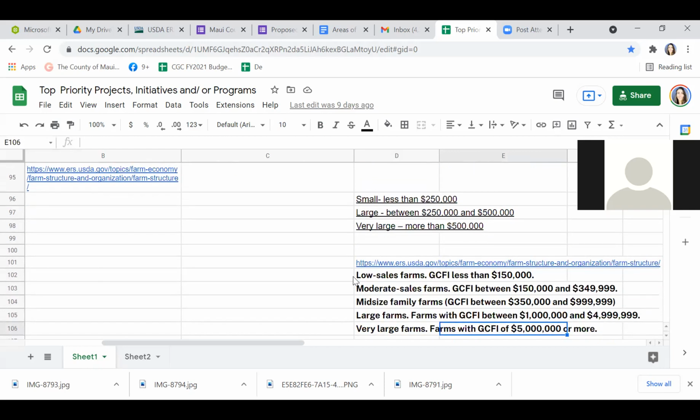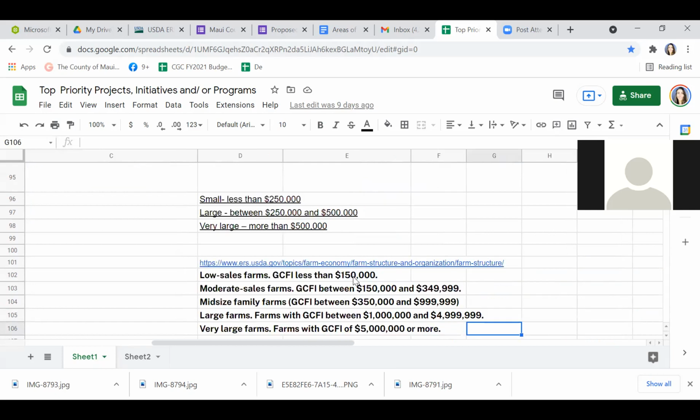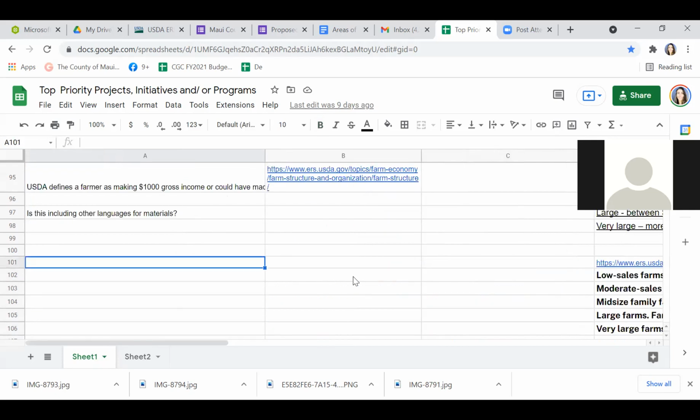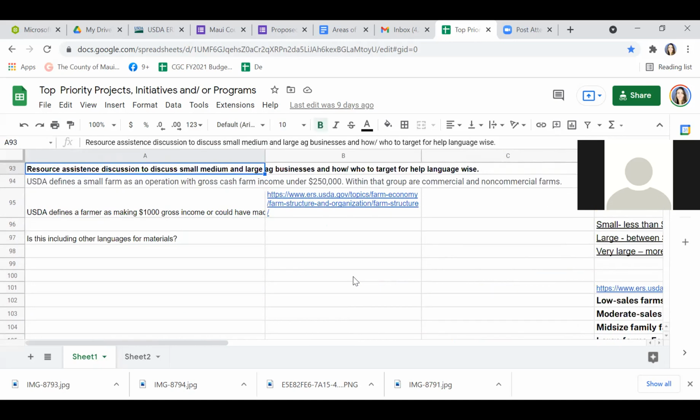There's also another one that breaks it down from $150,000 to $350,000, then $350,000 to just under $1 million, then large being $1 million to almost $5 million, and very large being $5 million. So there are things we could quote if we want to use one of those models to break it down. I just wanted to put those out there so you could get an idea of what the USDA has for different brackets.